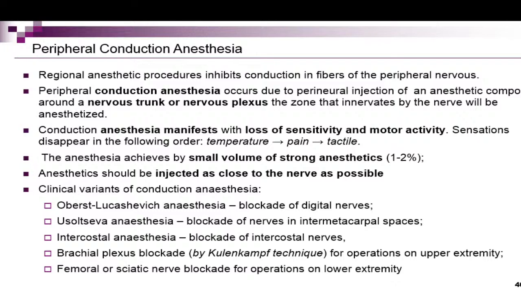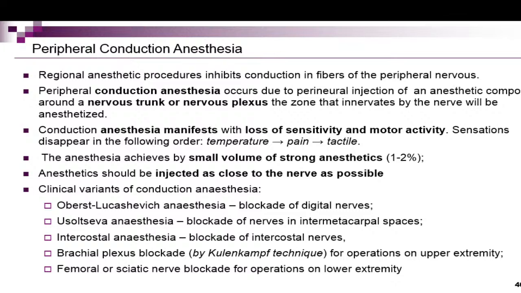And peripheral conduction anesthesia. This is a regional anesthetic procedure which inhibits conduction in fibers of the peripheral nerves. It occurs due to peripheral injection of the anesthetic compound around the nervous trunk or around the nervous plexus. The zone that is innervated by the nerve will be anesthetized also.